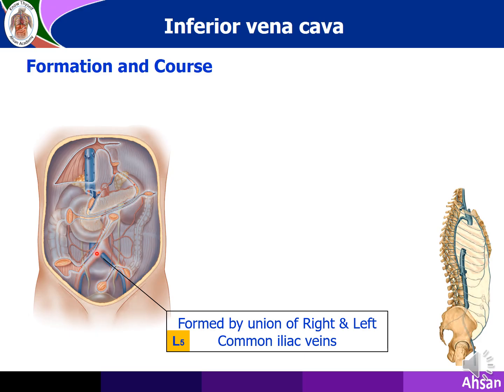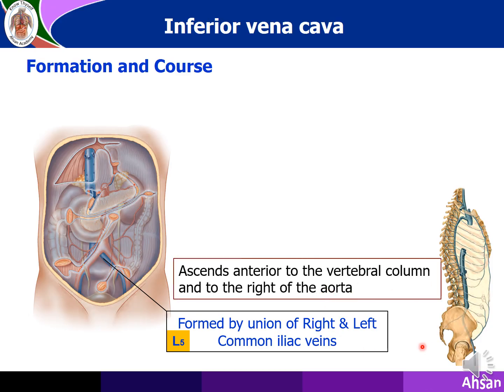So this is formed a bit below the bifurcation of the abdominal aorta. The abdominal aorta bifurcates at the level of lumbar 4, but the vein is formed a bit below, in front of lumbar 5. You can see this is formed here above the sacrum and goes up.